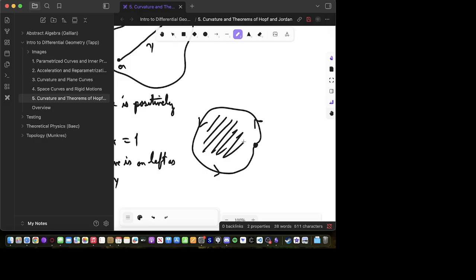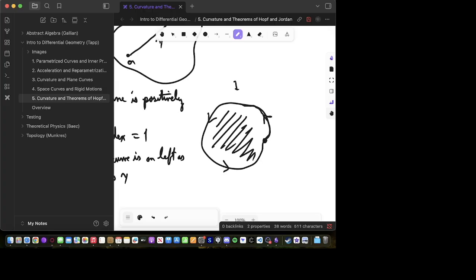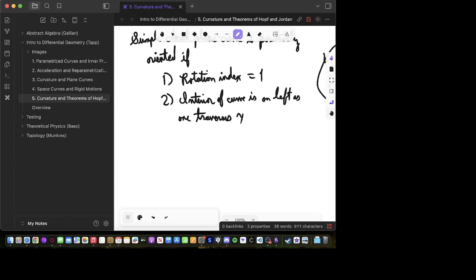If you can imagine this is our interior of the curve, if you imagine traveling through the curve, you can see that to the left is the interior. And also we have rotation index 1. Otherwise, the curve gamma would be negatively oriented.